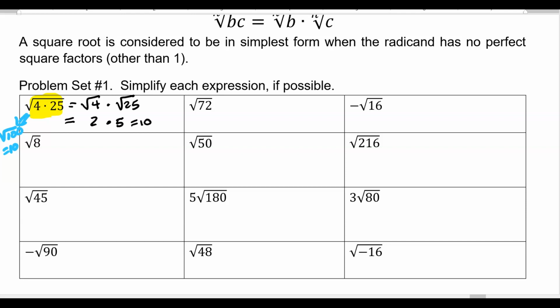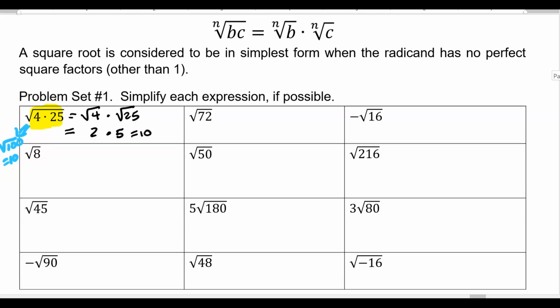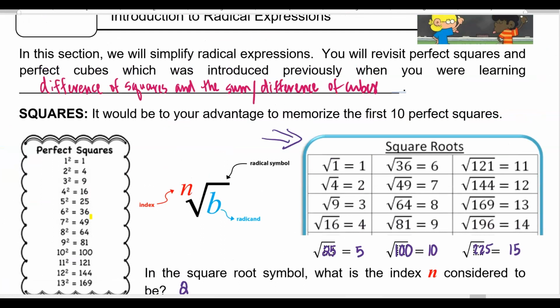So what perfect square on this list divides into 72? And we're looking for preferably the largest perfect square so that we don't have to simplify over and over again. If we take the largest perfect square that is a factor of 72, then we lessen our workload.